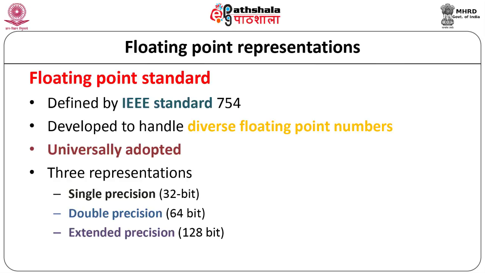IEEE 754 covers both binary and decimal floating point representations. It defines different ways to represent binary numbers in memory. These are single precision, which utilizes 32 bits, double precision, which utilizes 64 bits, and extended precision, which utilizes 128 bits of storage.